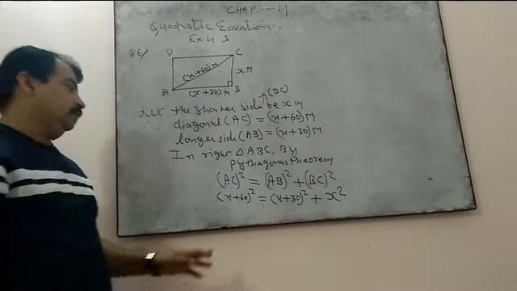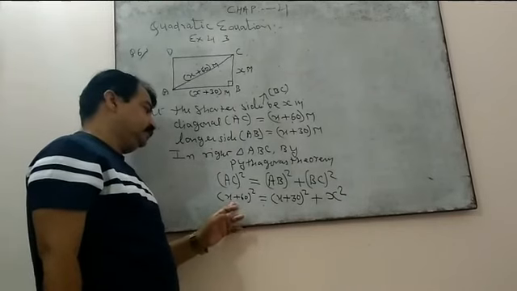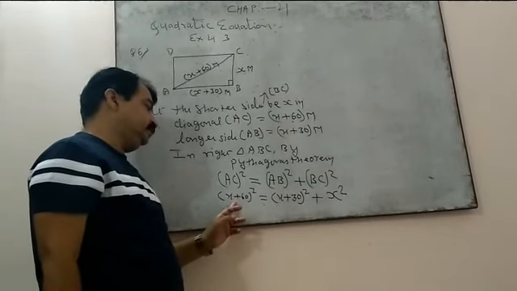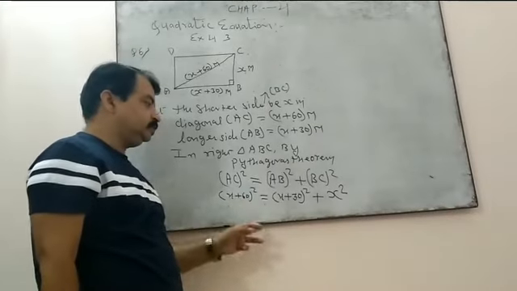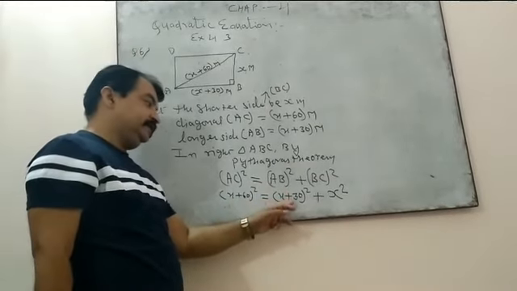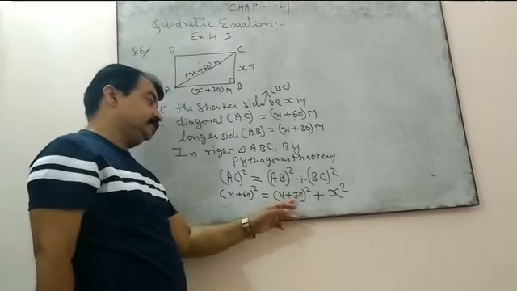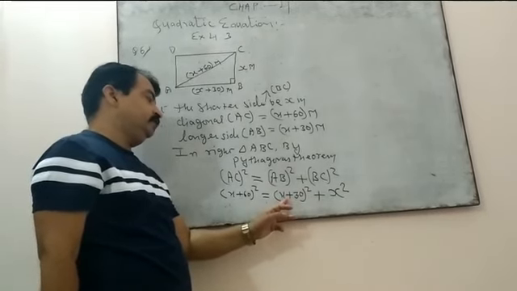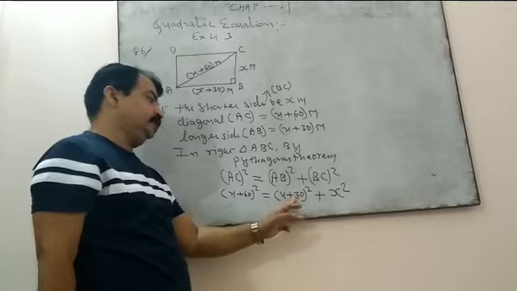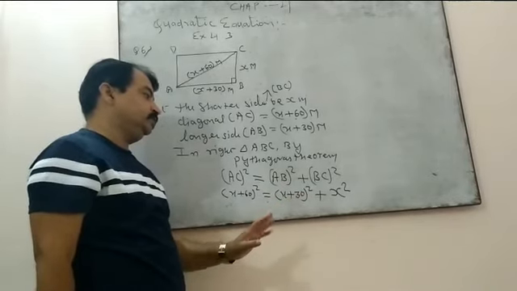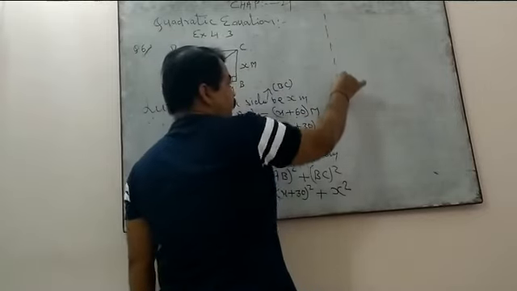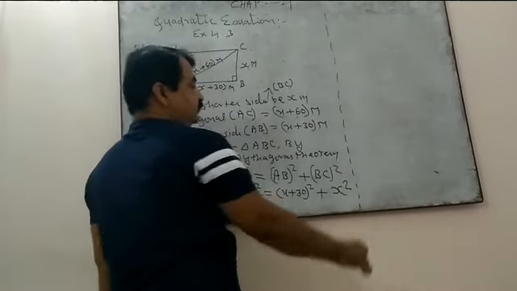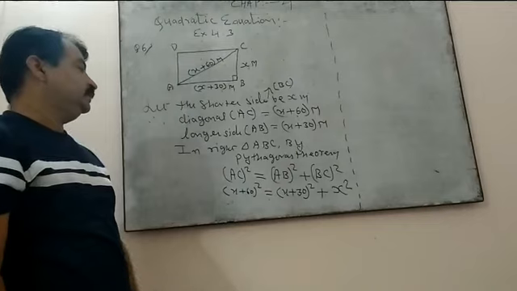Right? Now see. The first term is in the form of a plus b whole square, so we apply the identity (a plus b) whole square. On the right side, the first term is also in the form of (a plus b) whole square, so we apply the identity here too, and we simplify to convert the given statement into the standard form of a quadratic equation.